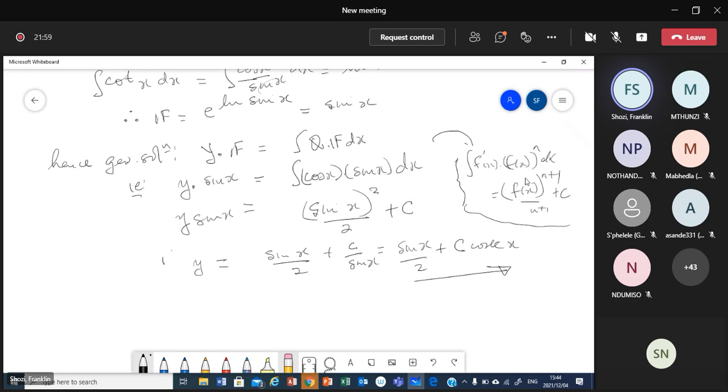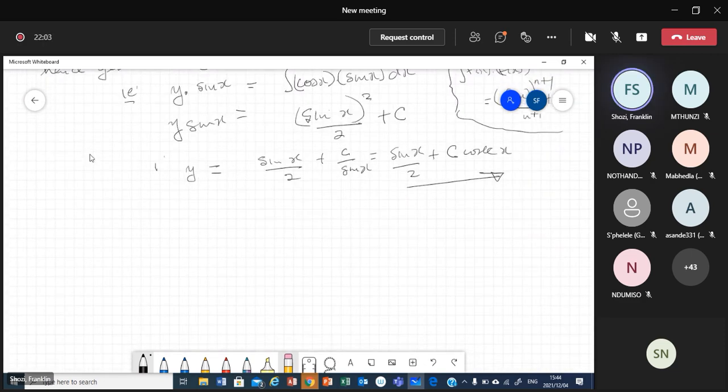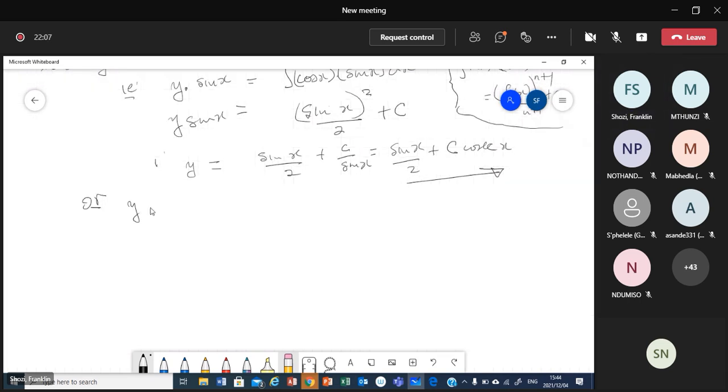For this particular problem, it works both ways. Or y sine x is the integral of cos x times sine x dx. First of all, I looked at that. Now I can also look at that.